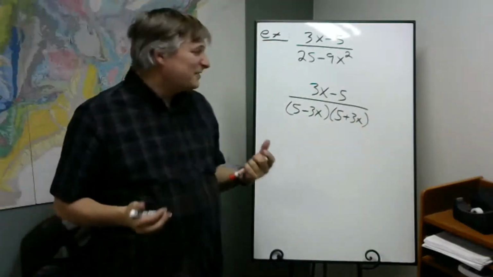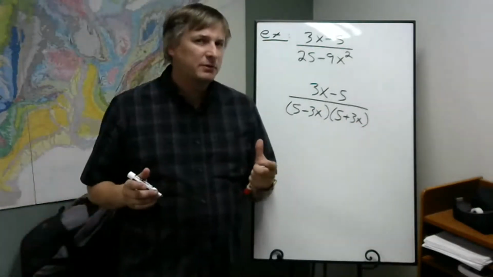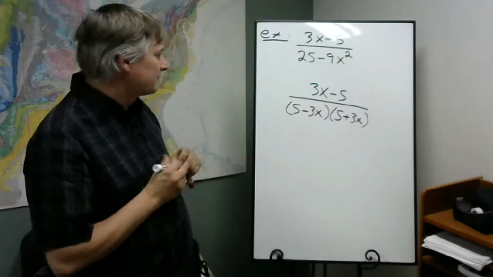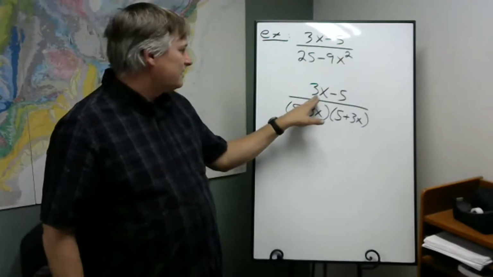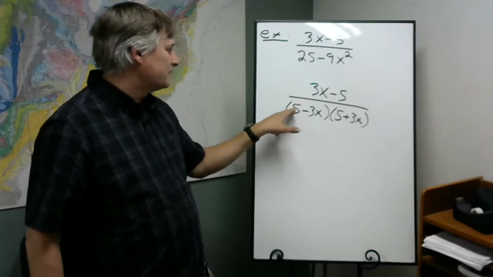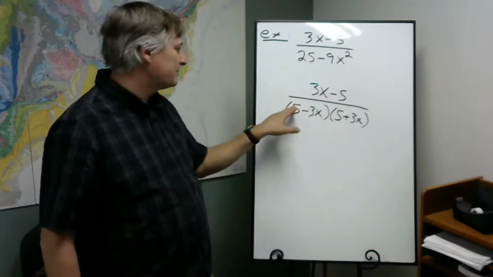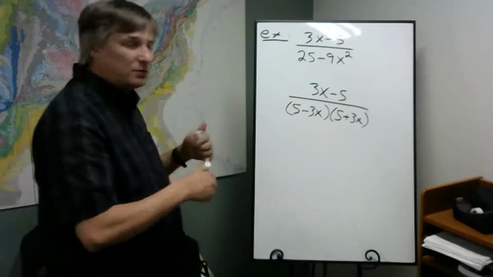Now, it doesn't look like anything can cancel here. But remember from section 5.7, we got a trick. This is positive, this is negative, this is negative, this is positive. Opposite signs, opposite signs. So what we can do is this.